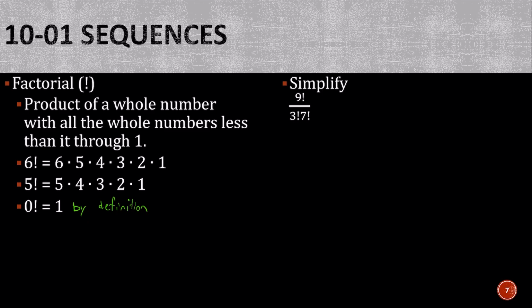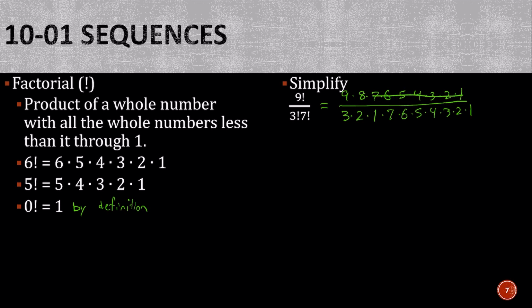So let's simplify this. Well, let's see. 9 factorial will be 9 times 8 times 7 times 6 times 5 times 4 times 3 times 2 times 1. 3 factorial is 3 times 2 times 1. 7 factorial is 7 times 6 times 5 times 4 times 3 times 2 times 1.